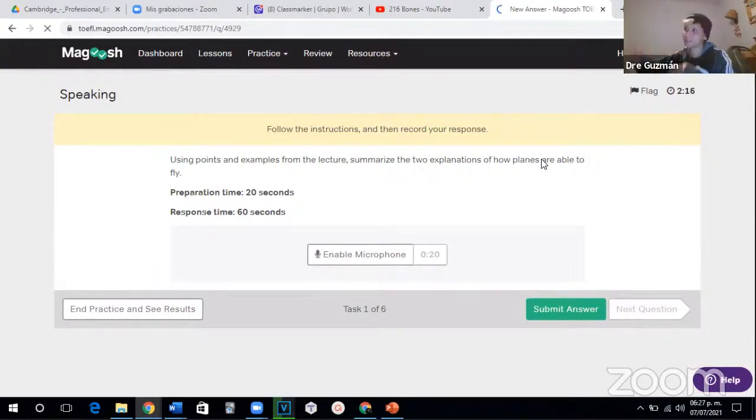Another thing that really helps in these types of questions is being familiar with reporting verbs. So verbos que serían como the professor said, claims that, mentions that, describes, todas las cosas que sean como alguien reportando. So it's good to have a list of those as well.